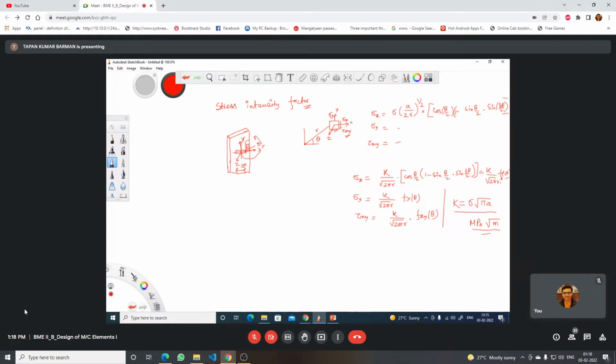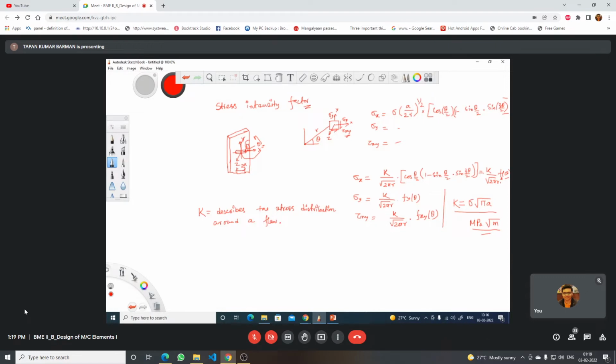Now what is this? So this is basically K. This K is called stress intensity factor. What is stress intensity factor? It describes the stress distribution around a crack, or also a flaw.